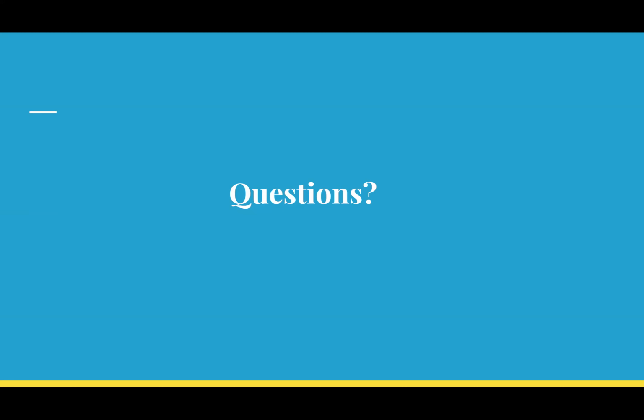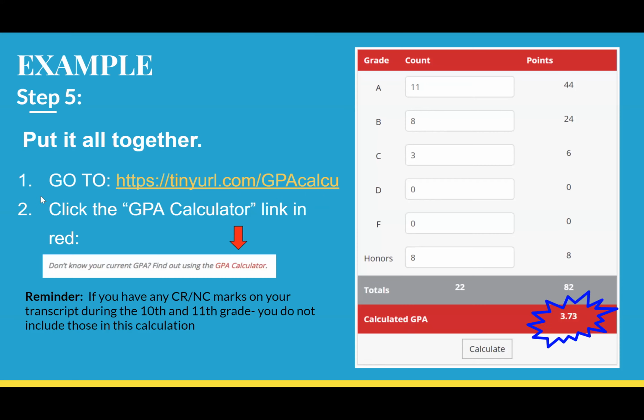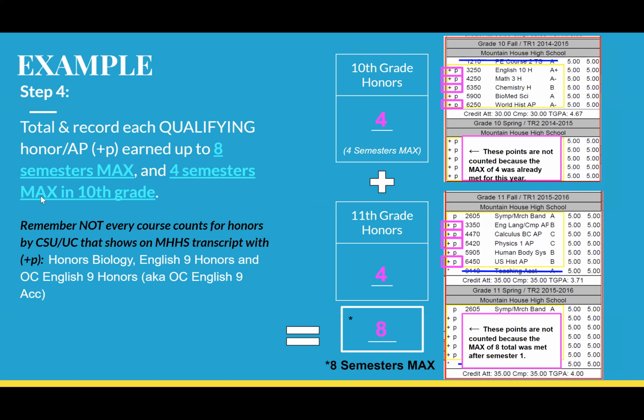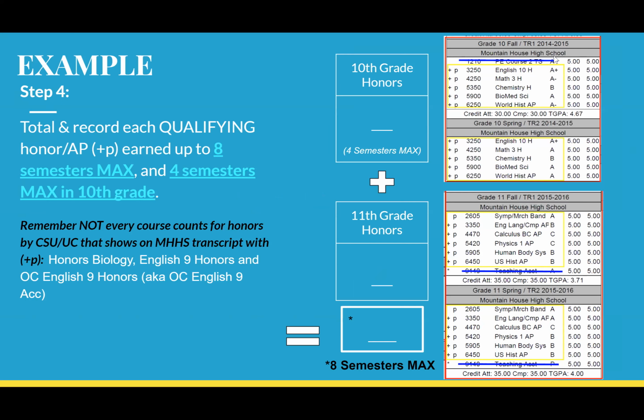I have a question. If I have taken more than 8 APs and for some of those I have Bs, can I just include them? Again, it doesn't matter if you get an extra point for this A or this B. The extra point is an extra point.